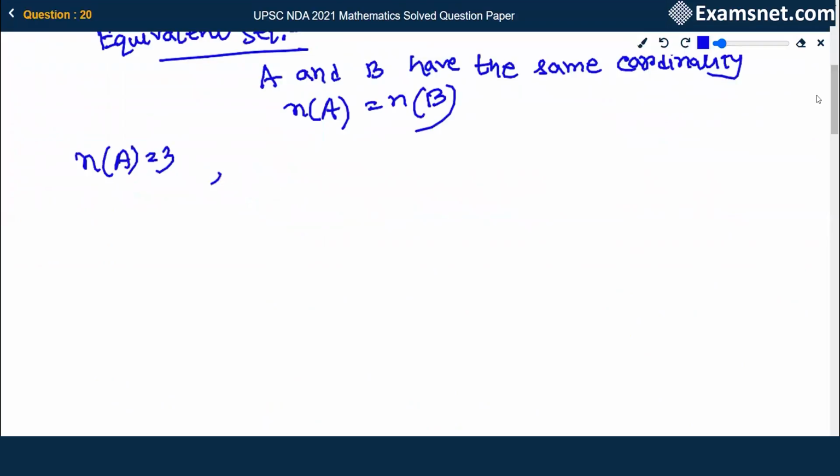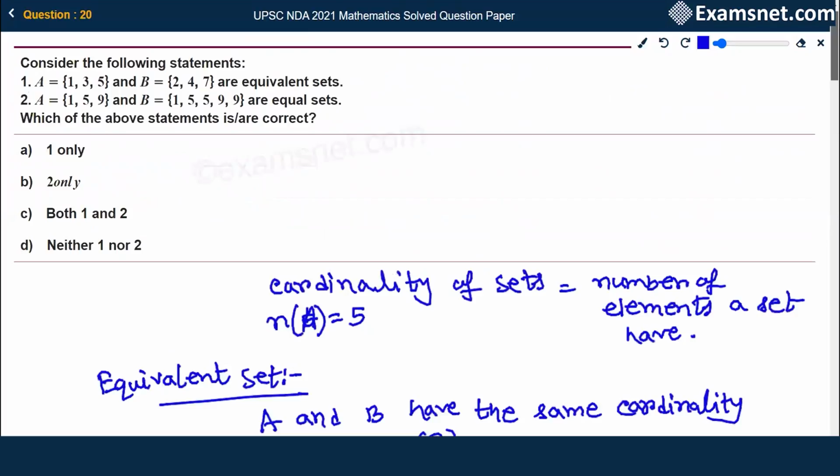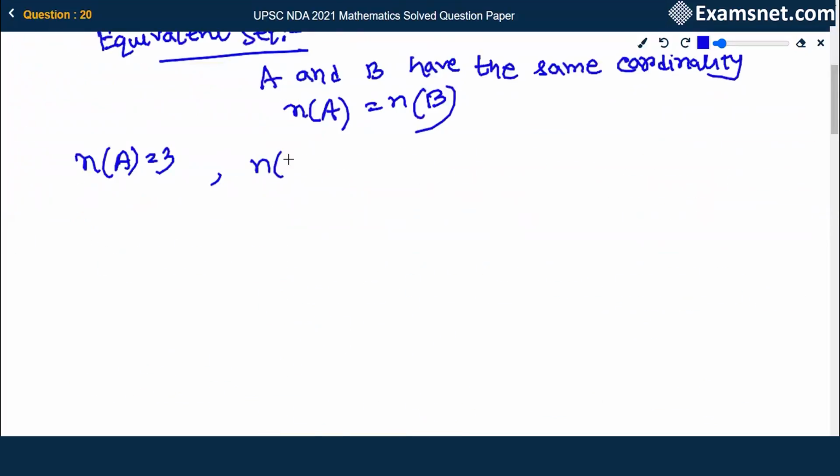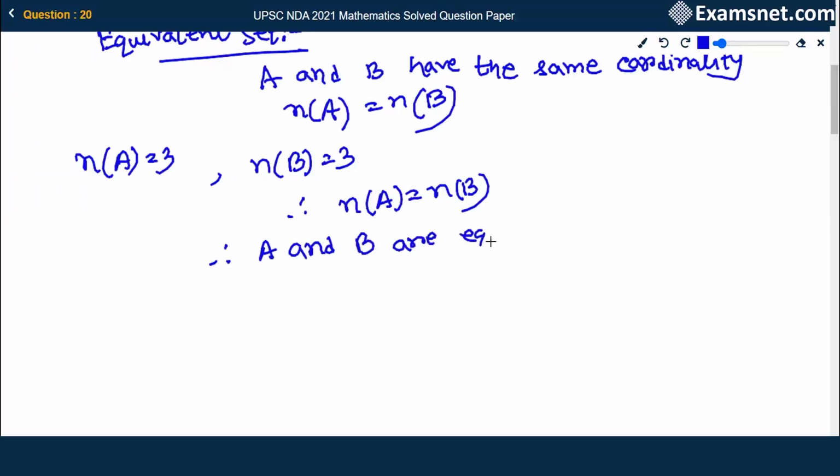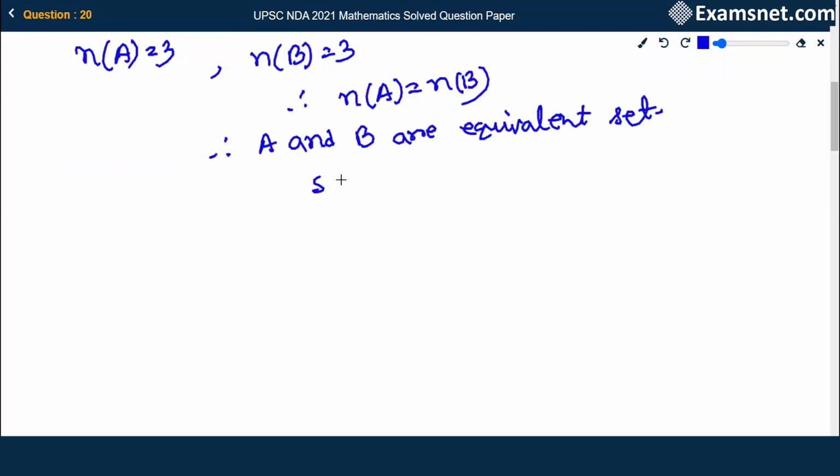Also, there are three elements in B as well. So n of B equals 3. Therefore n of A equals n of B. That means A and B are equivalent sets. Correct? So statement 1 is correct. Now let's check statement 2.